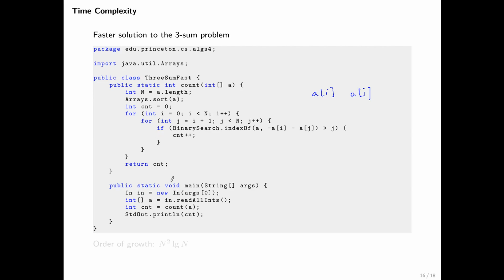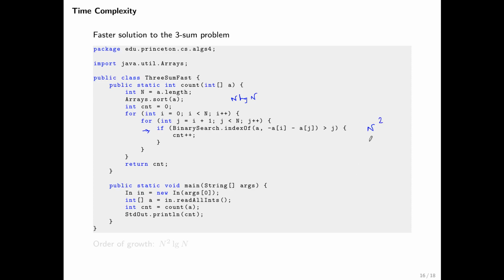So now, how is this an improvement over the previous implementation? Let me note that the running time of sort is n log n, assuming you use the best sorting algorithm. How many times is this if condition executed? It is sitting inside a double loop, so it is executed precisely n square times.